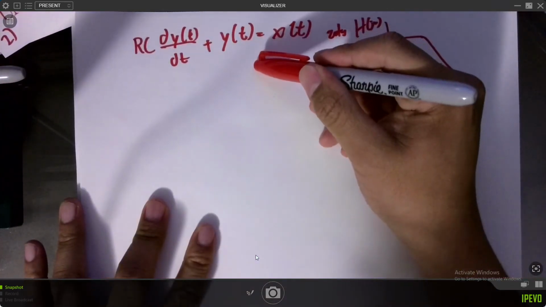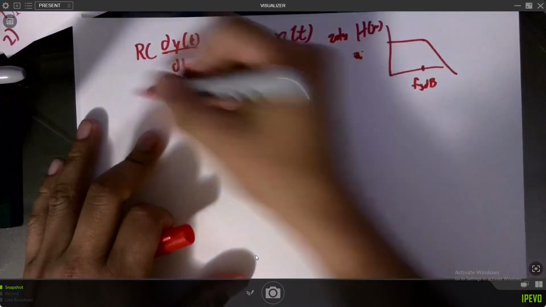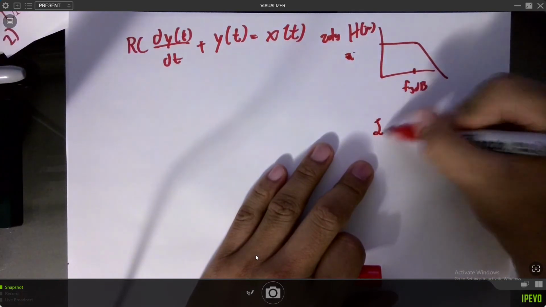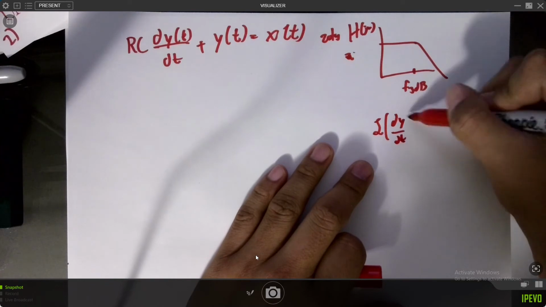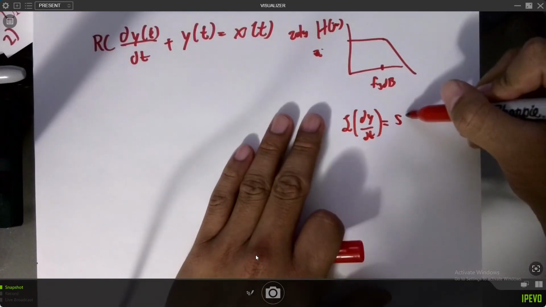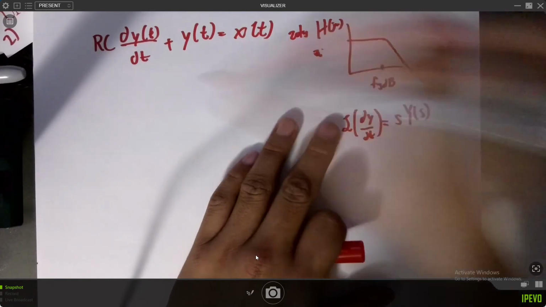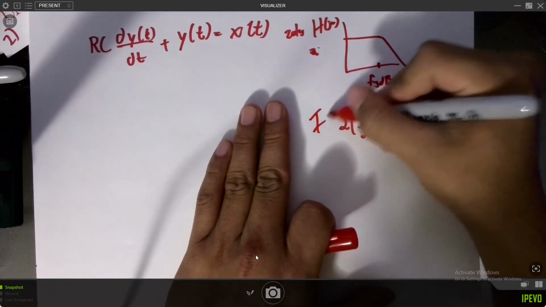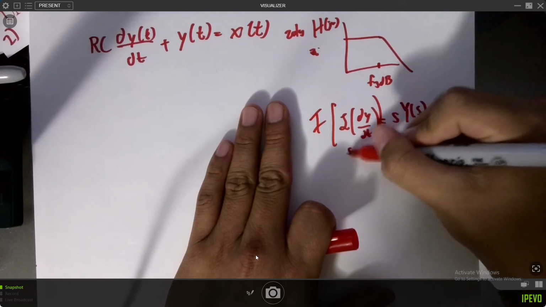Remember the Laplace transforms: if I take the Laplace transform of a derivative dy/dt, you actually get s times Y. It's the same thing with the Fourier transform, except you sample it at s equal to j omega.